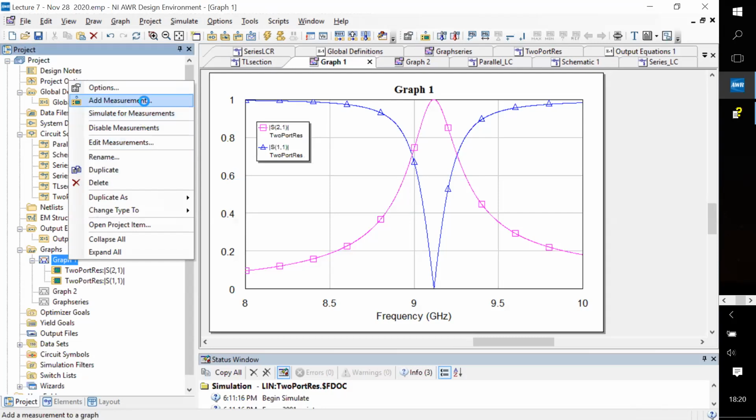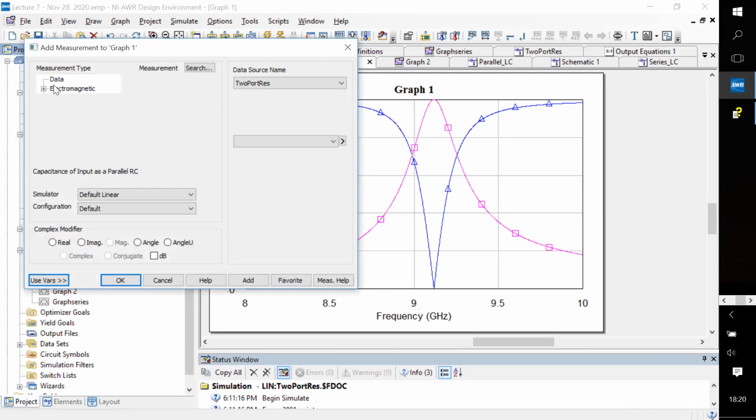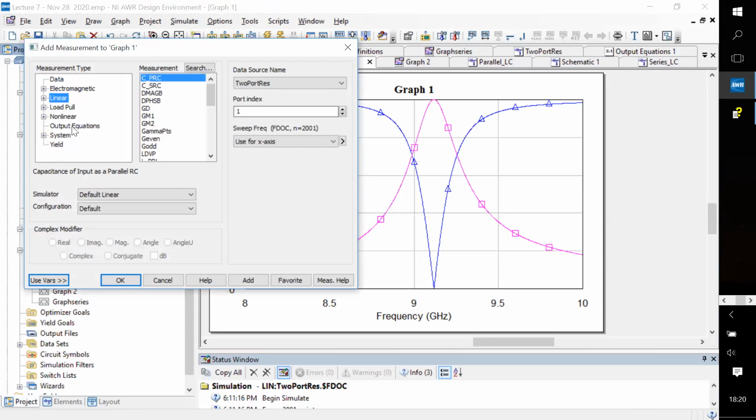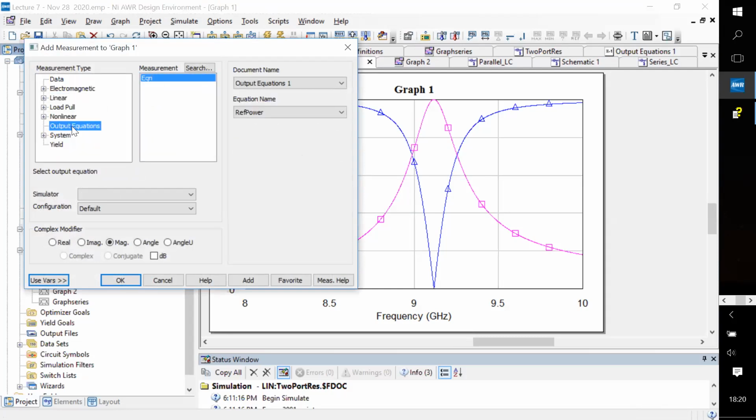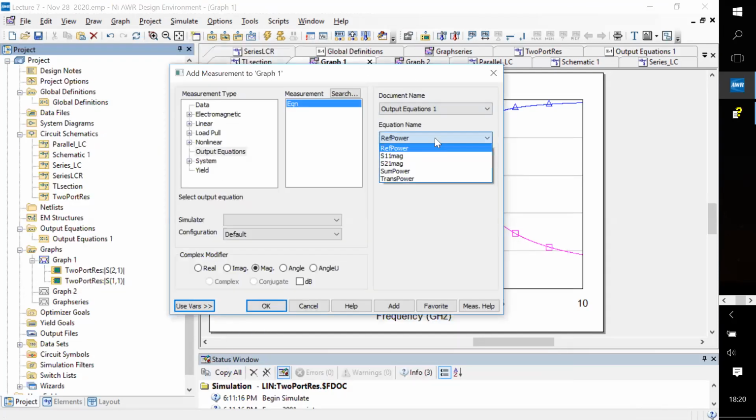Now you have to choose a different type of measurement, under measurement type, output equations. The measurement is equation. In the document name, you choose the one you have created, which is still called output equations 1. And then it gives you all the things which you have defined there.